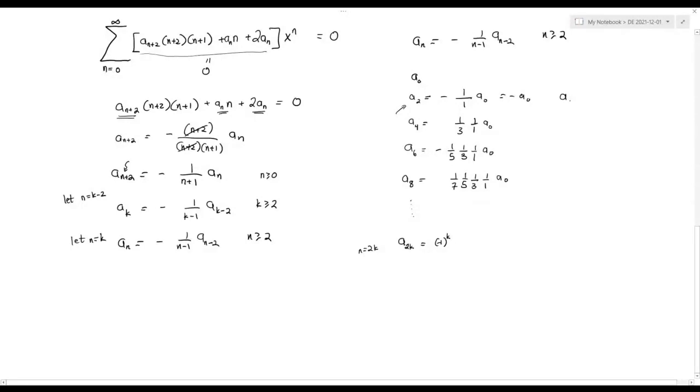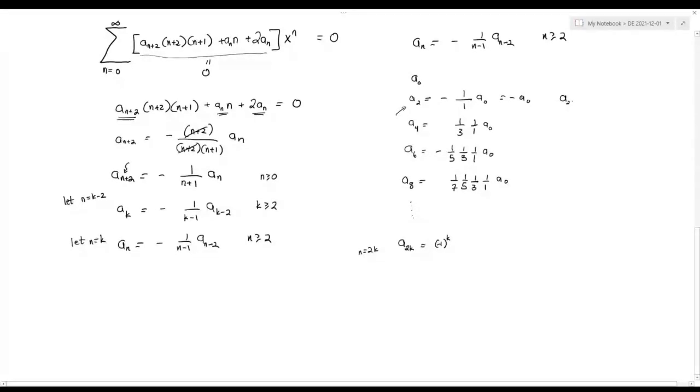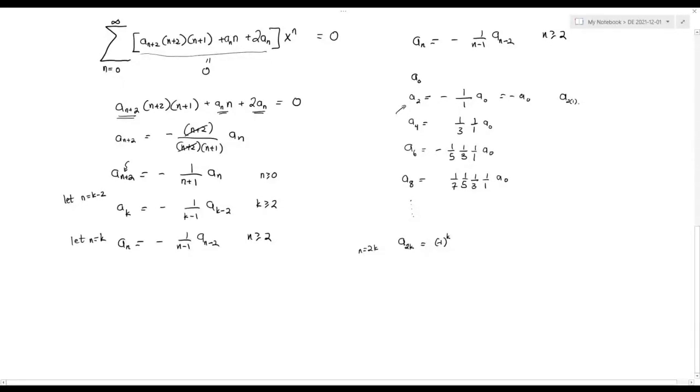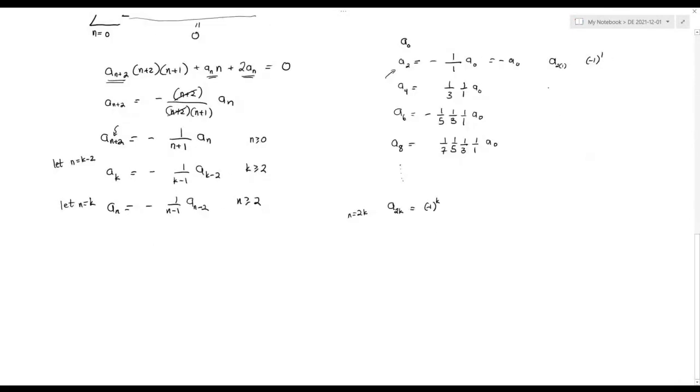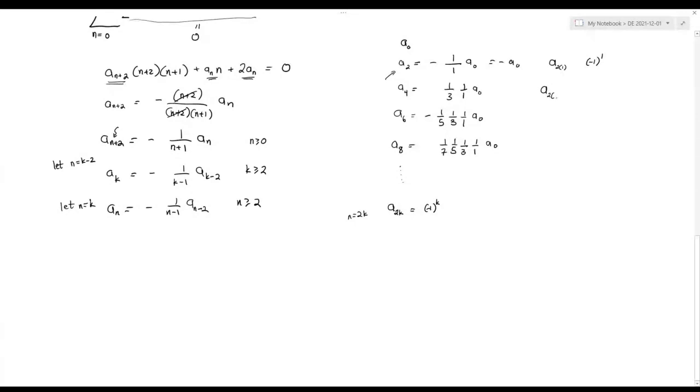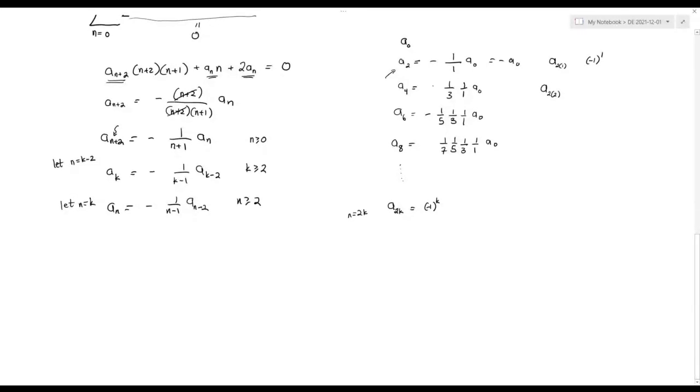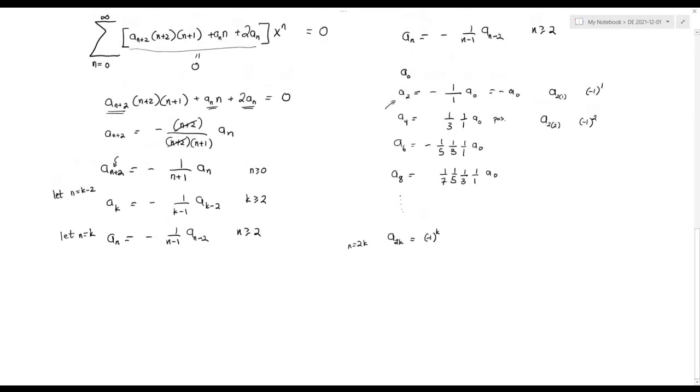Well, a sub 2 should be negative, and a sub 2 is a sub 2 times 1. That's negative, so we want negative 1 to the power 1. A sub 4 is the same as a sub 2 times 2, and that's positive, so it would make sense that it's negative 1 squared. So it's negative 1 to the power k to account for the alternating character of the sequence.